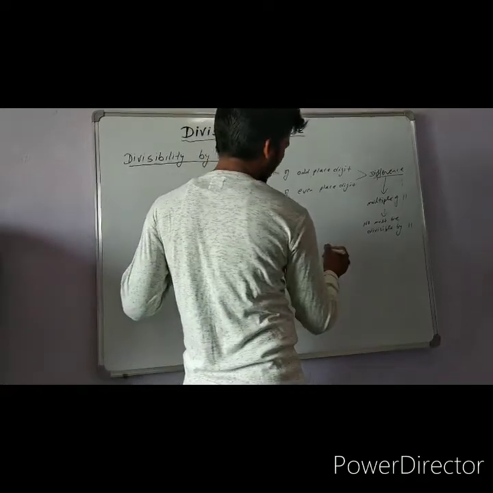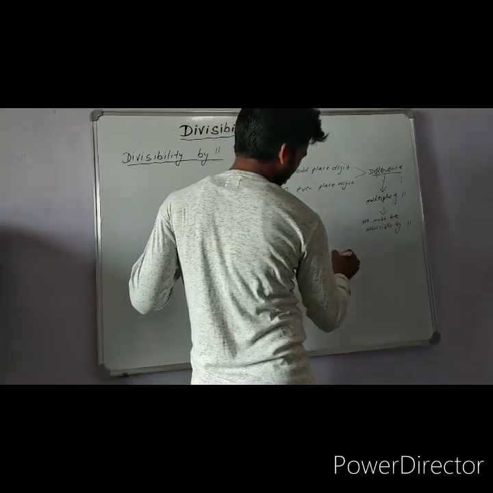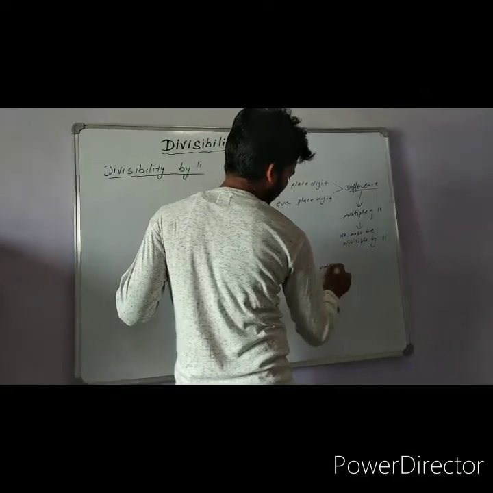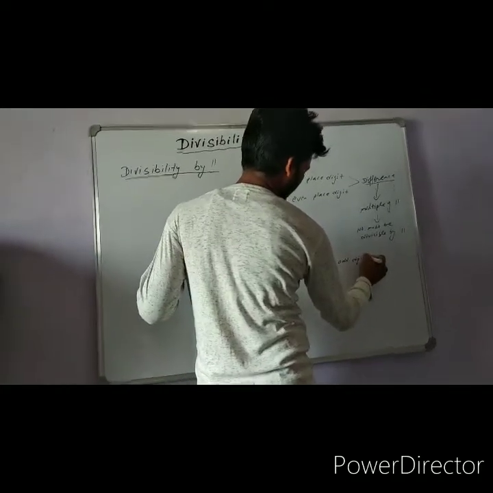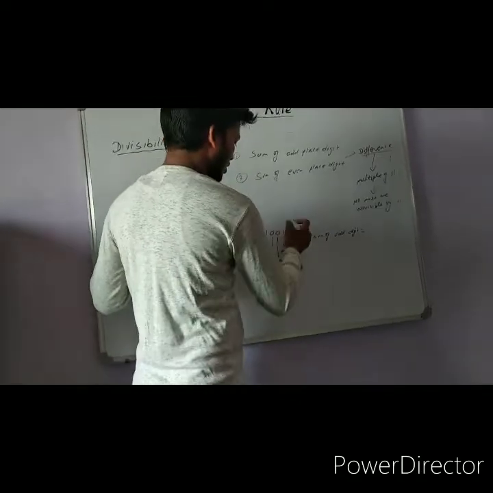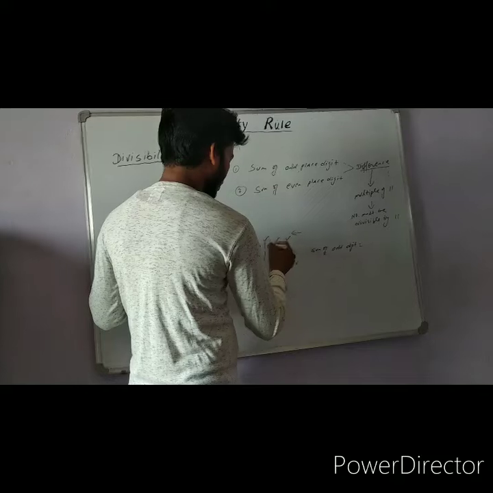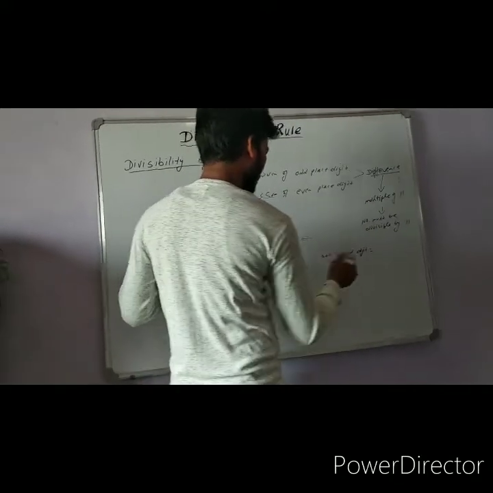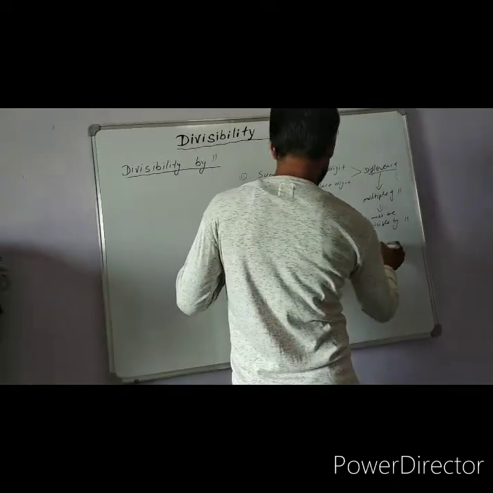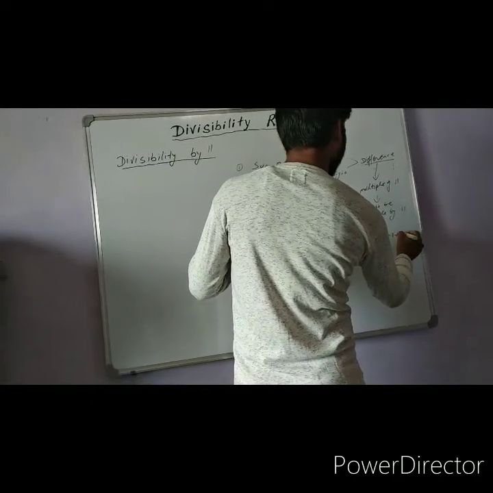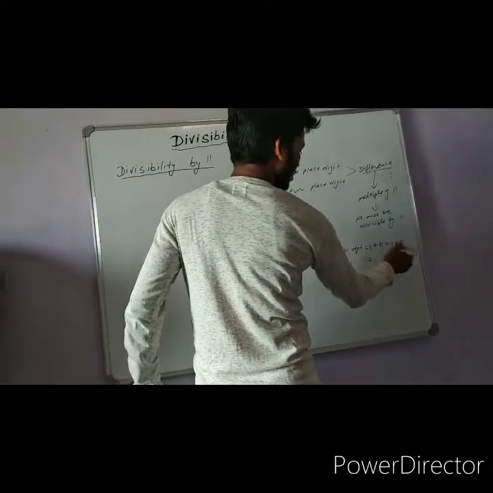So find the sum of the odd place digits. Here the odd place digits are 1 0 1 0, which is 1 plus 0 plus 1 plus 0, this is 2.